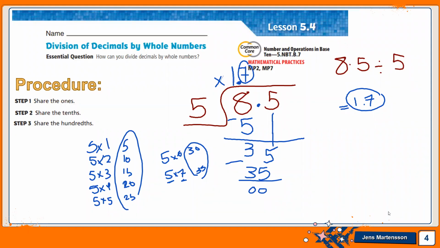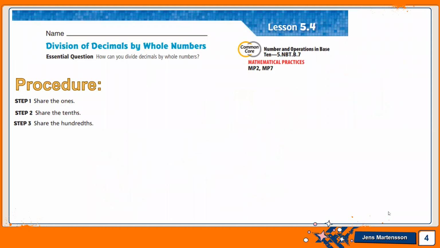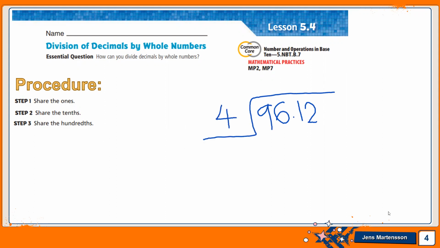Okay, I will give you another example. 96.12 divided by 4.